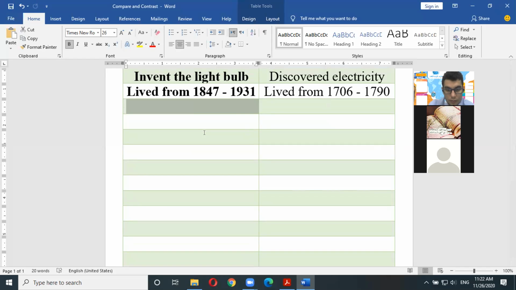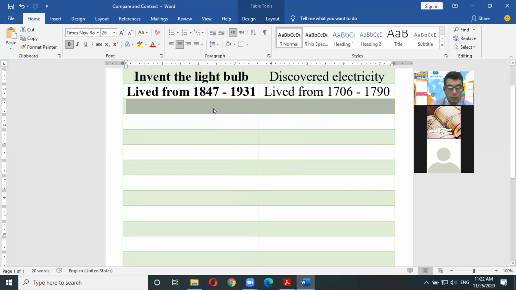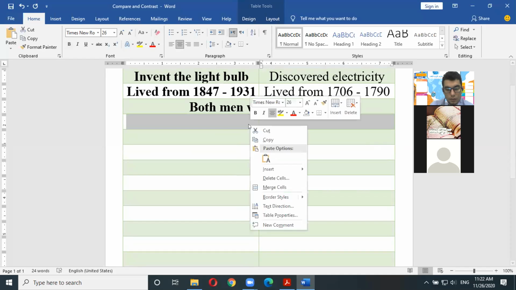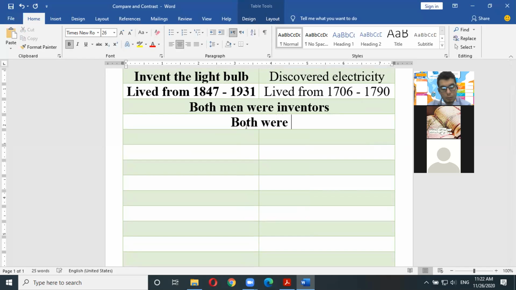Both men were inventors. Very good. So we will merge the cells here and write: both men were inventors. What else? Both were born in the United States, in the USA.